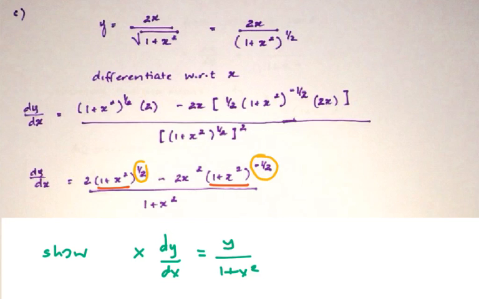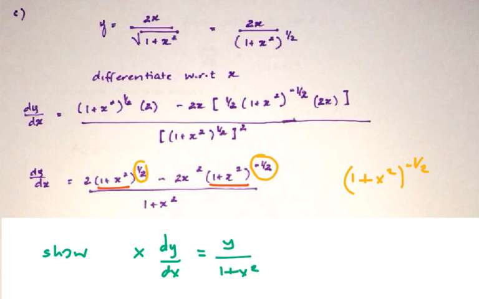So what I'm going to do now is use the laws of powers in order for me to simplify this numerator by factorizing. What is common to both these terms would be (1 + x²)^(-1/2). It's always easier to pull out the smaller power, and in this case the smaller power is negative 1/2, right? Because negative 1/2 is smaller than 1/2.